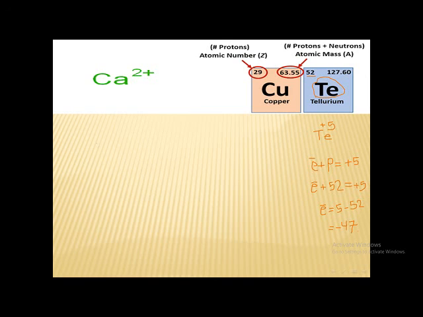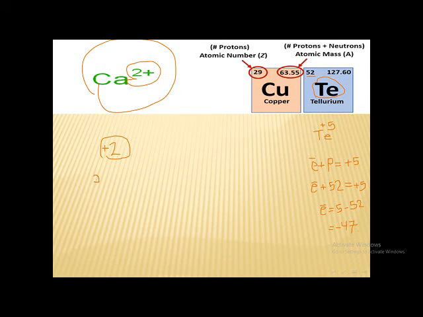Okay, let's solve this calcium. What do you think? Does the number of electrons increase or decrease? Do we remove electrons or add electrons to the atom? So if the number of protons increases, that means we remove electrons. How many electrons do we remove from this atom? If we have a plus 2, that means this is the total.